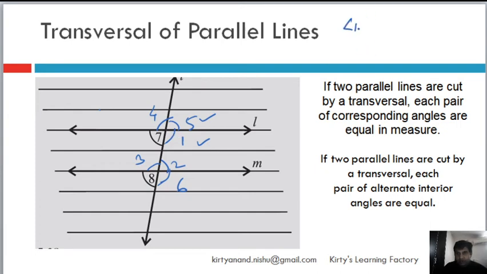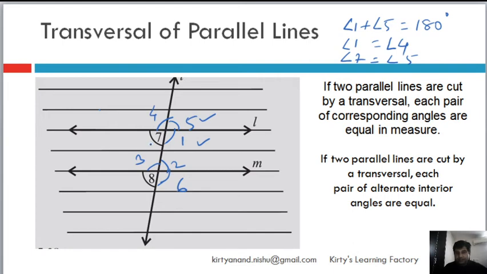So angle 1 plus angle 5 is equal to 180 degrees. Now angle 1 is equal to angle 4. I am aware of that. So basically angle 1 is equal to angle 4 and angle 7 is equal to angle 5.